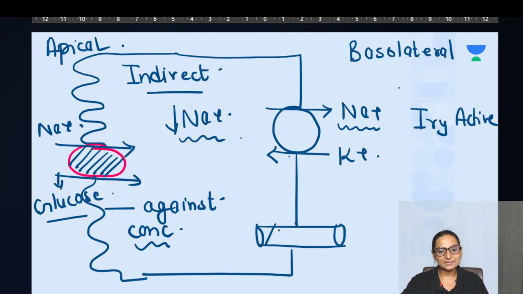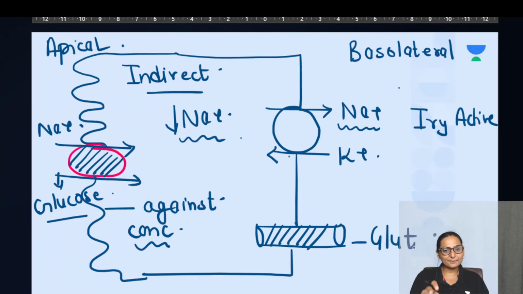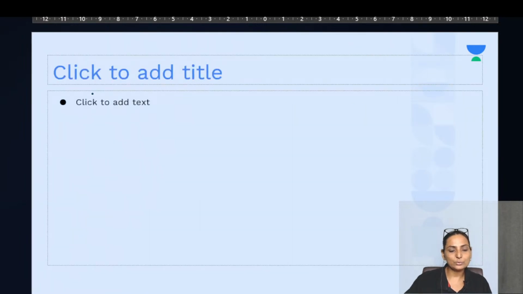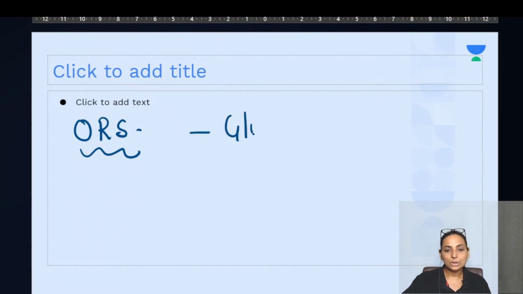Once this glucose comes inside, this will be your GLUT, which will take the glucose across the basolateral side. So the functioning of the SGLT is totally dependent on the sodium potassium pump. And if the sodium potassium pump fails, glucose transport will also be abolished. You had one MCQ in your FMG on why glucose is added in ORS.